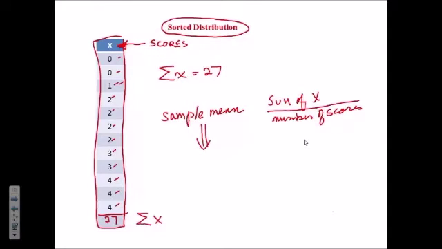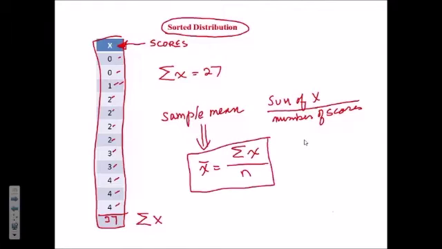The symbol for the sample mean is X bar. The symbol for the sum of the X's is sigma X. And the number of scores is the sample size, N. So we could write this as a formula, X bar equals sigma X over N, and we'll be seeing this formula a lot throughout the course.